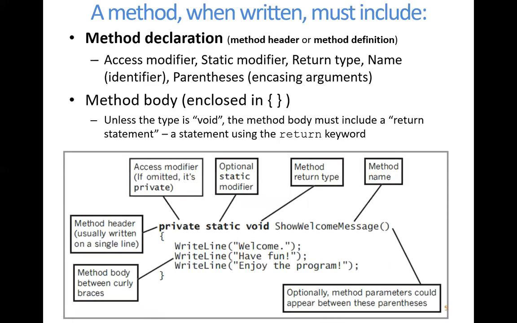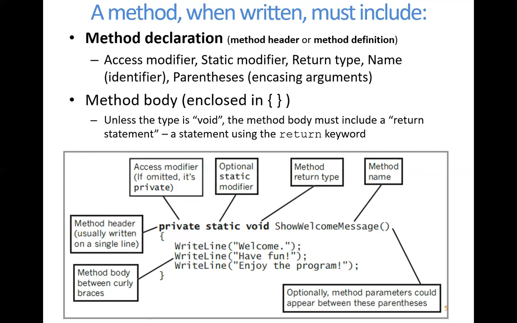Okay, we're gonna do a lot of practice with writing methods. So every time a method is written, it must include both a declaration and a body enclosed in the curly braces. The method declaration includes 5 different parts.